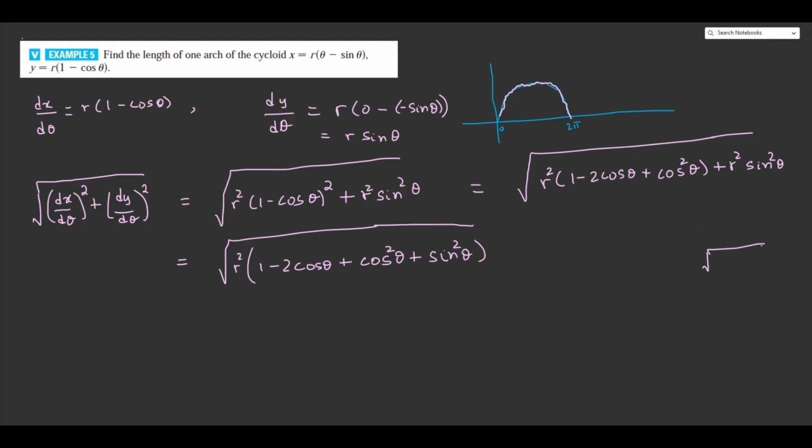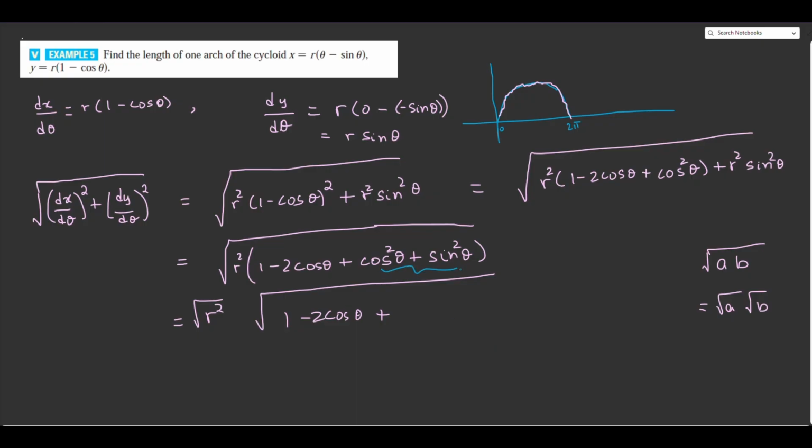Remember from your previous knowledge, the square root of AB can be written as square root of A times square root of B. So outside here you can write r, and inside 1 minus 2 cosine of theta. And here again we use the trigonometric identity: cosine square theta plus sine square theta is equal to 1.